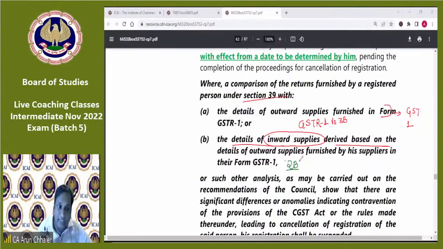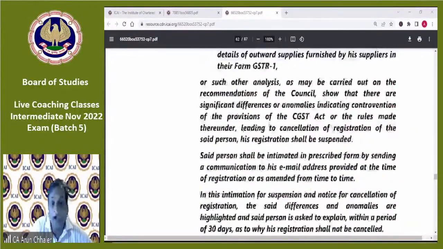In clause B, they like to compare the ITC taken with the GSTR 2B based on the auto population or such other analysis as may be carried out on the recommendation, so that there are significant differences or anomalies indicating contravention of the provision or the rules leading to the cancellation of the registration.